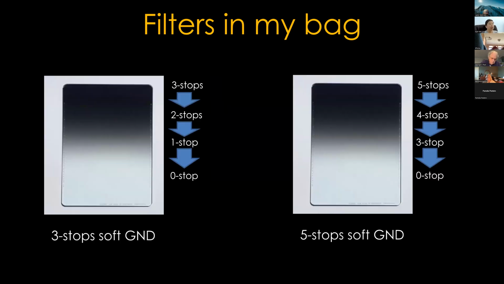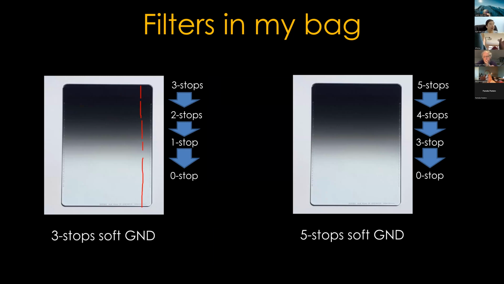If you look at the design of the GND filters, for example this one here, the 3-stop soft GND filter, the darkest part here is 3-stop. Then it gradually comes to 2-stop around here, and then gradually to 1 stop around here, maybe half a stop here, and then 0 stop here.